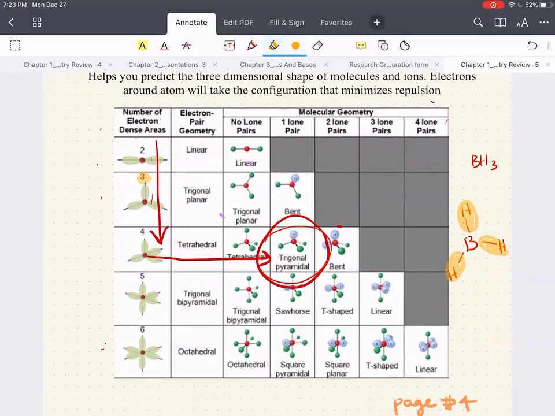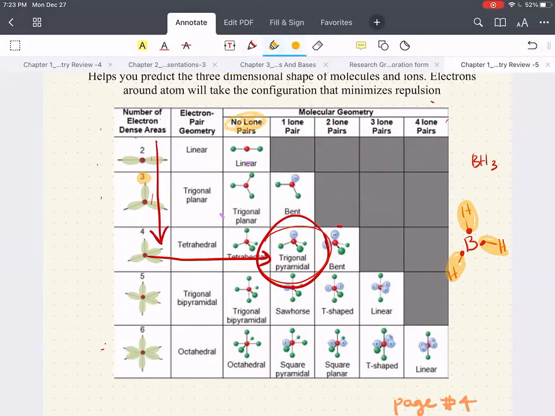Now, how many lone pairs are around boron? There are none, 0. Every single valence electron of boron, which is 3, is forming a bond with the hydrogen. So there are no extra lone pairs sitting around boron. And so 0, there are no lone pairs.